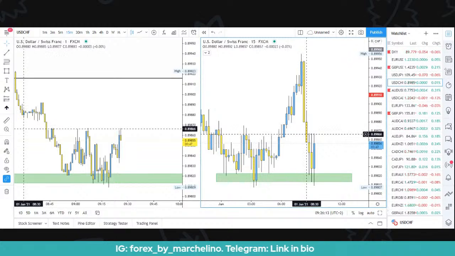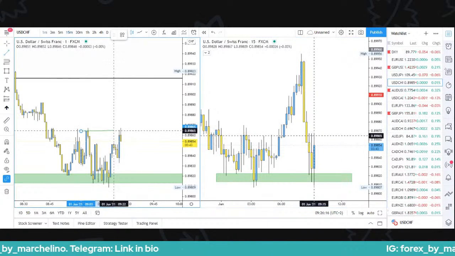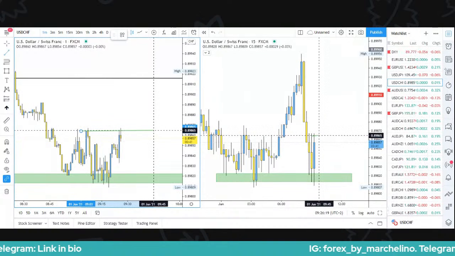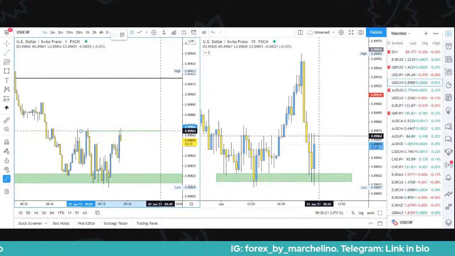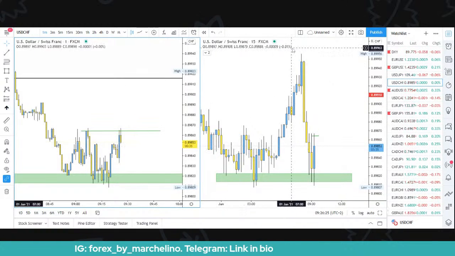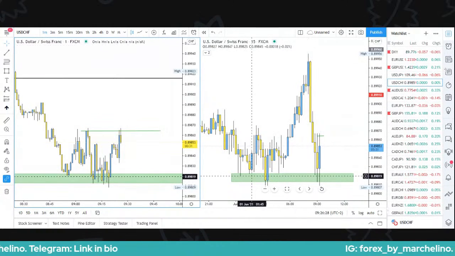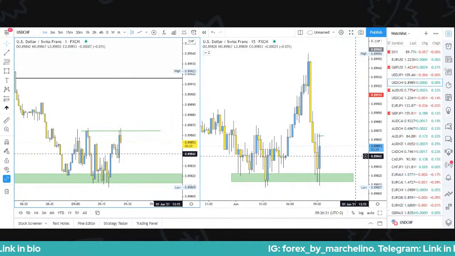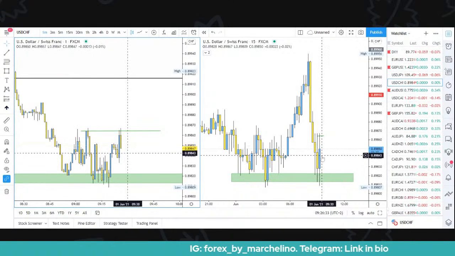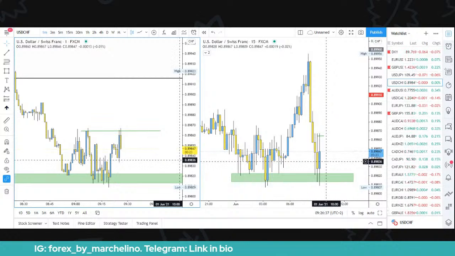We're really close here. Check this out. We're quite close to breaking this. So taking everything into consideration, impulse followed by impulse, failing to break below, strong momentum to the upside, we could be looking for a buy.